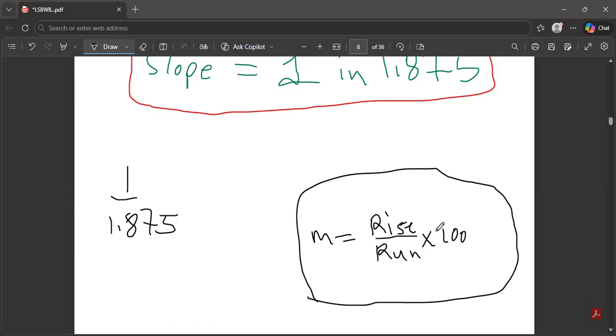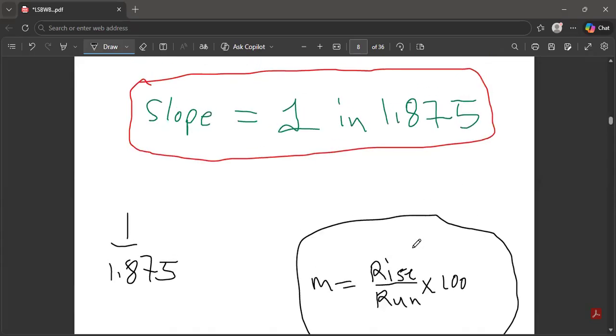From that concept, to convert whatever we have, we just have to multiply it by 100 and you realize that life is going to be much easier. So 1 over 1.875 times 100. At the end of the day, we are still going to get our 53.333.